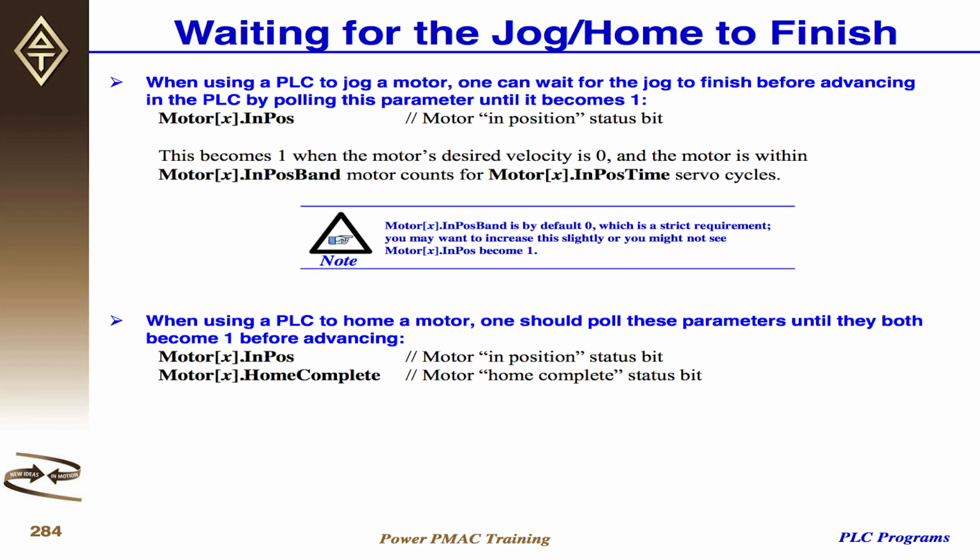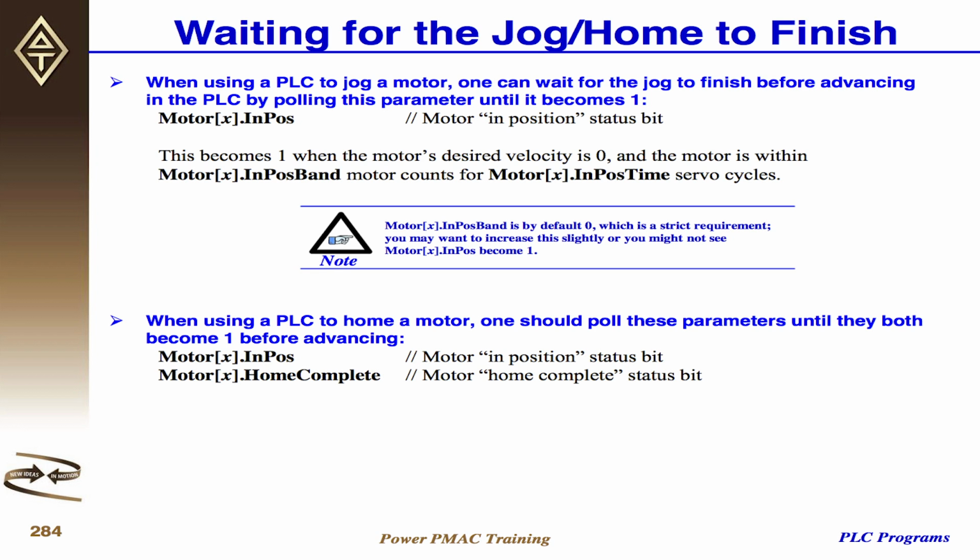Keep in mind that the in position bit checks to see whether the motor's desired velocity is 0 and checks to see if it's within the in position band. You specify the in position band with motor x.inPosBand in units of motor counts, and it needs to stay within that band for the amount of servo cycles equal to motor x.inPosTime.